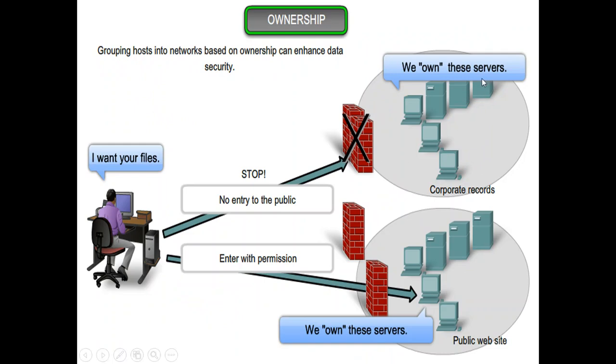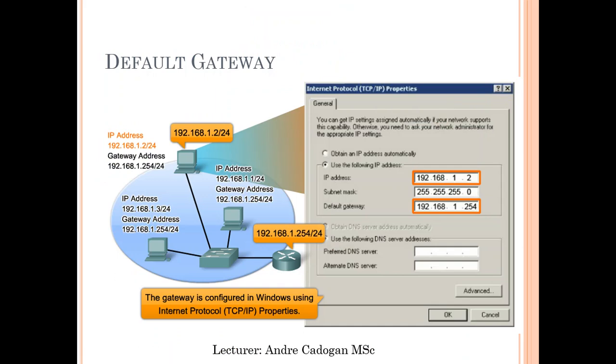So we have the public websites, and we have the corporate network on the inside. You have to be careful: you'll have to have firewalls going out for the public domain. And when it's ownership, you wouldn't have a firewall, because this is what we own, as the slide dictates.